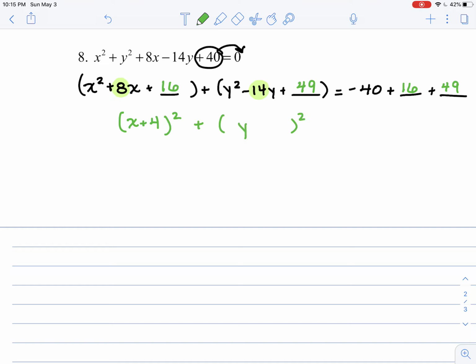When I factor the y's, I think about what two numbers multiply to 49 and add to negative 14. Those two numbers would be negative 7 and negative 7. So this factors into y minus 7 squared. And on the right side of the equation, negative 40 plus 16 plus 49 is 25.